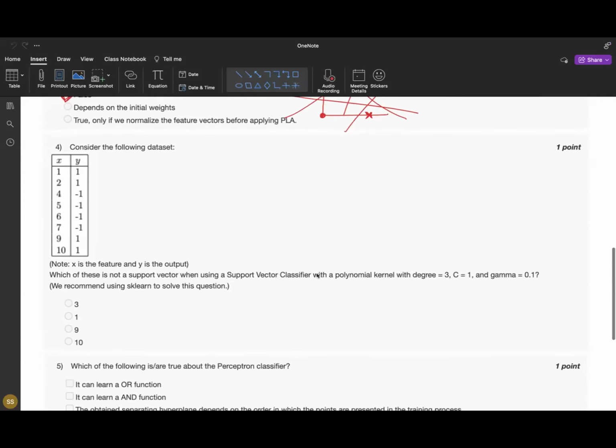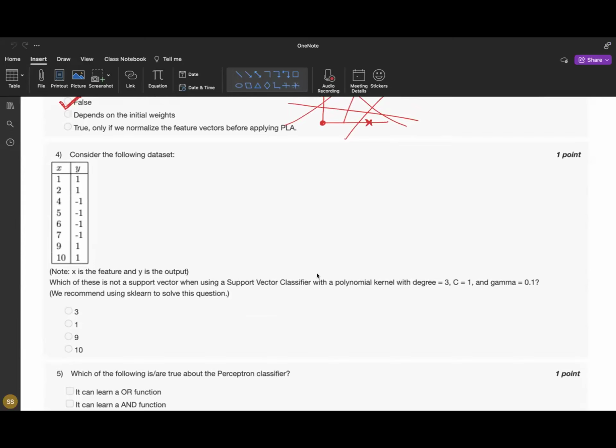This is the question. Try reading the question. I'll come back in a second. Then we'll go to the code and we'll code this out to find the solution.